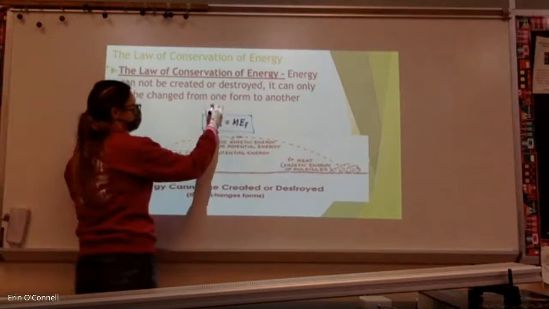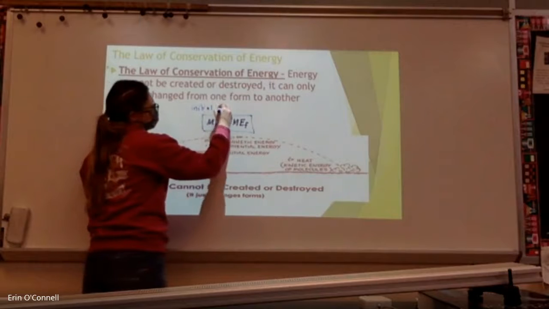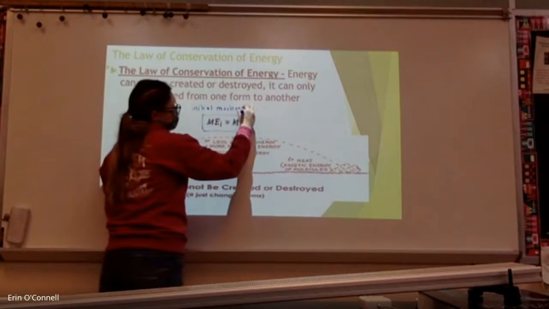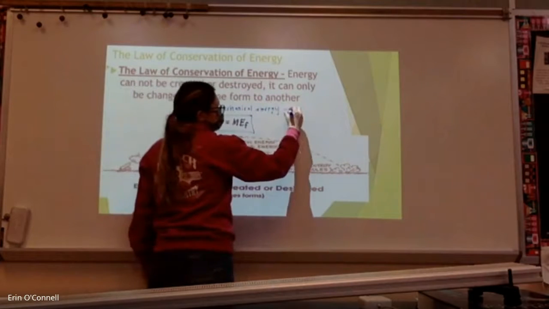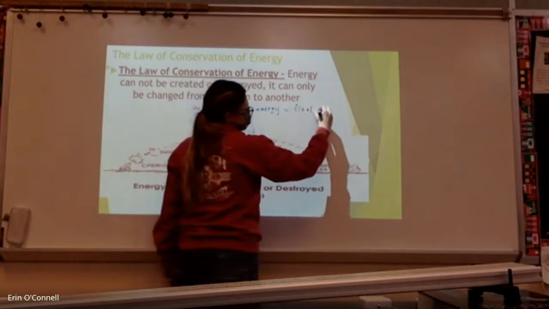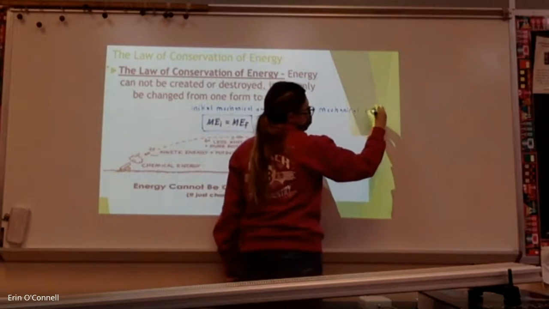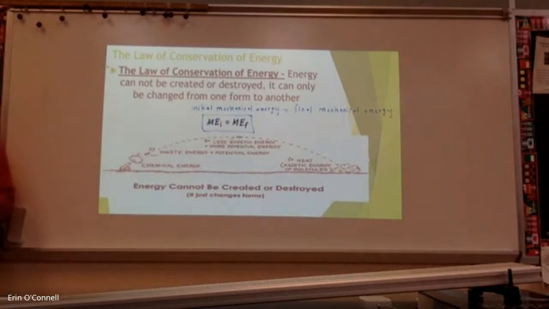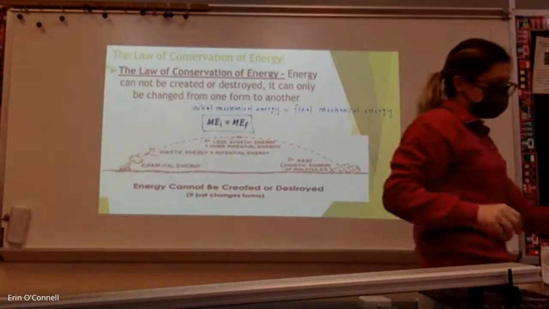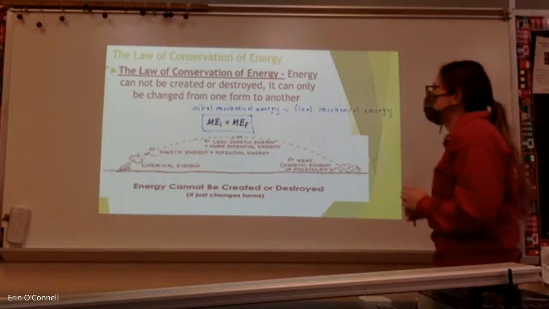So, in words, what this means is that the initial mechanical energy is equal to the final mechanical energy in the system. So that allows us to find missing information about that system if we know that energy must be conserved.